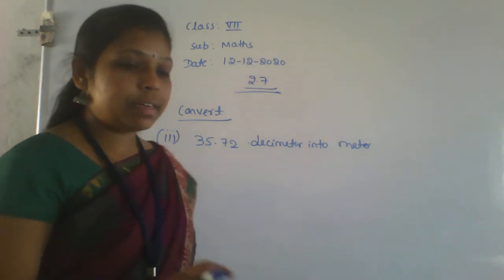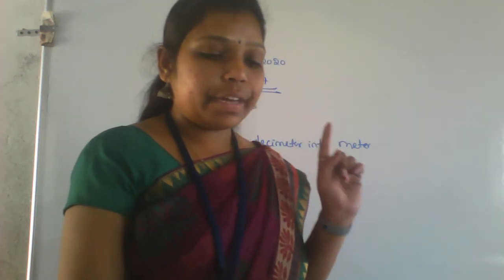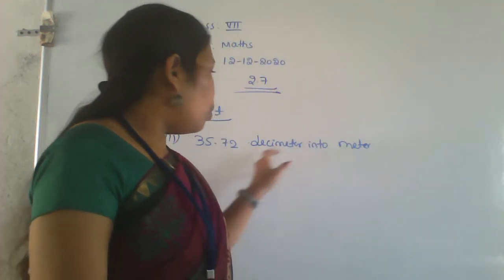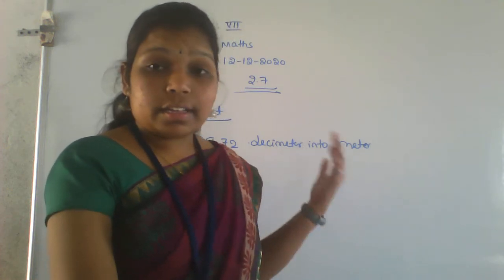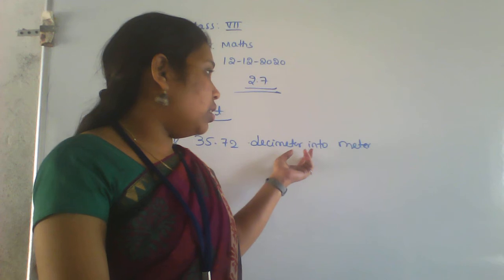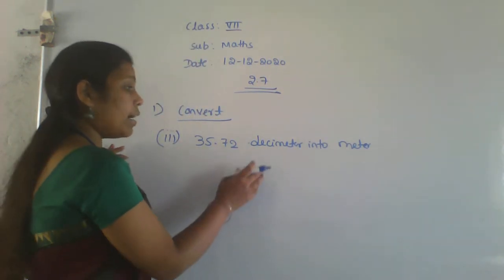Decimeter into meter means observe the diagram. Where is the deci? Deci to meter means it is again bigger to smaller. Oh, sorry, smaller to bigger.